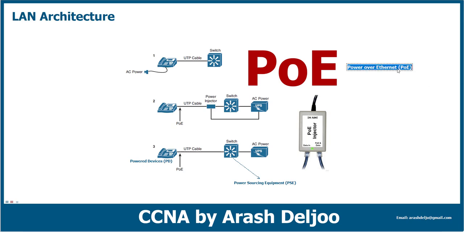You know that in one network, for each device, we need to have power. For example, for the PC, for the switch, for the router, and for any other devices, we need some amount of power. This is the PC, for example, and then server, and then switch, and then router.